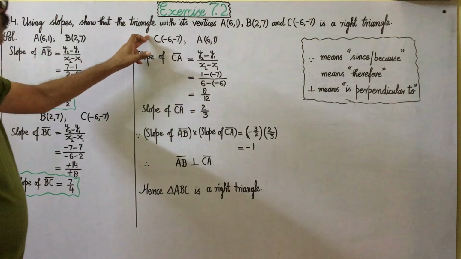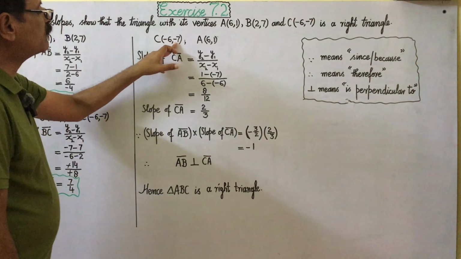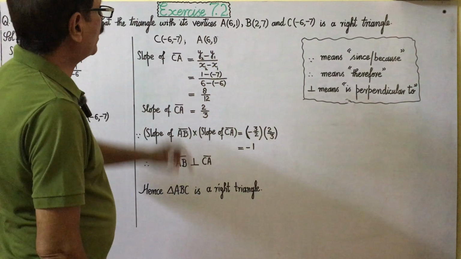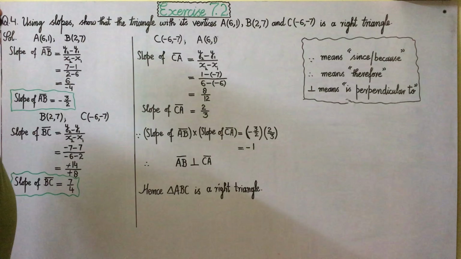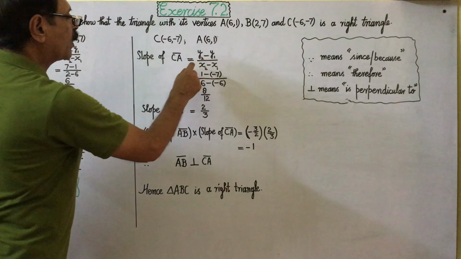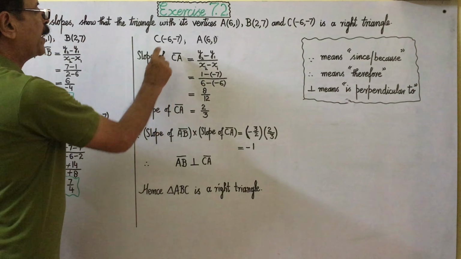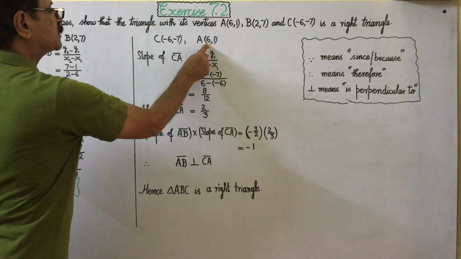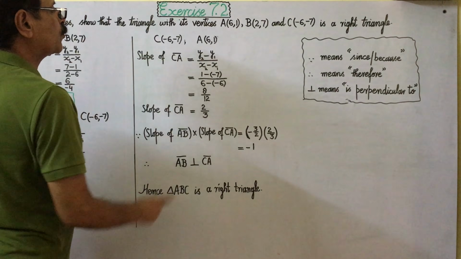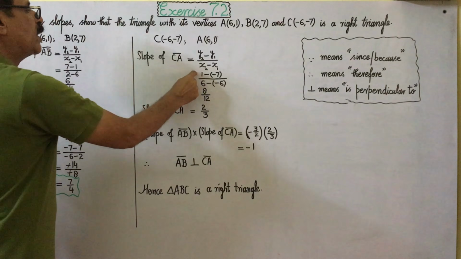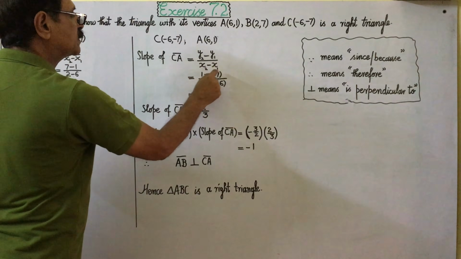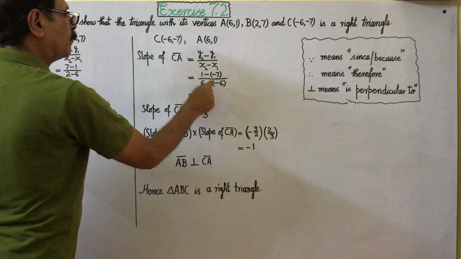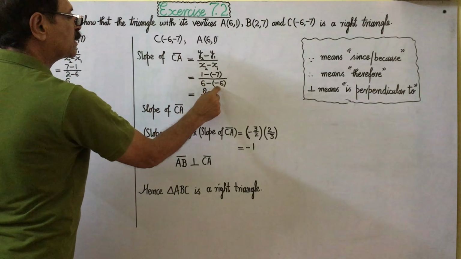Now vertex C with coordinates minus 6 and minus 7. Vertex A with coordinates 6 and 1. Slope of CA, y2 minus y1 over x2 minus x1. x1 is minus 6, y1 is minus 7, x2 is 6, y2 is 1. So putting the values, y2 1 minus y1 minus 7 over x2 6 minus x1 which is minus 6.